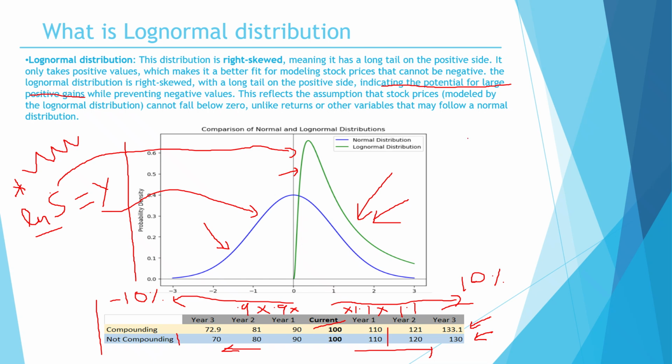If I have St, the stock price at time t, then the stock price at time t is equal to my current value of the stock price, and I am doing the compounding, and I am multiplying by e to the power of r times t, where r means return.